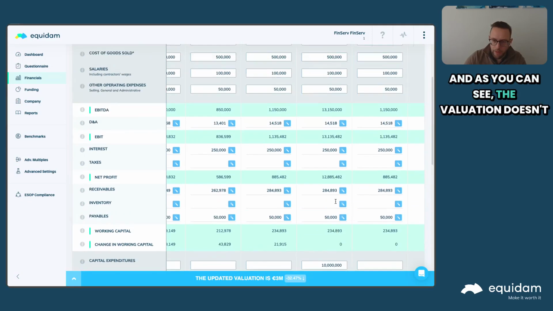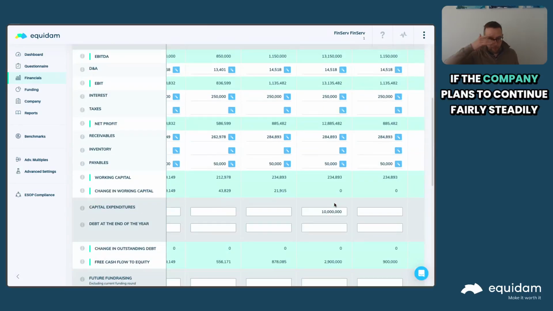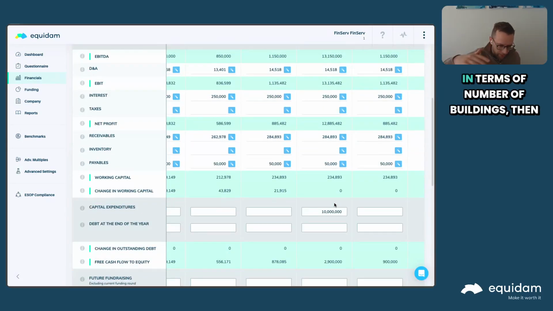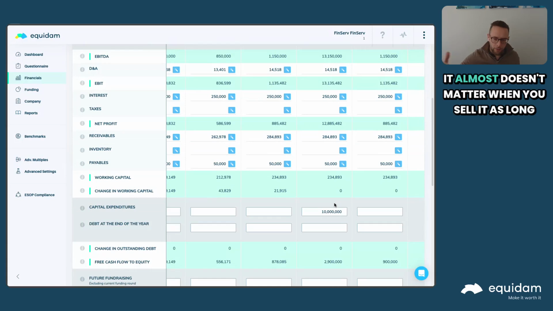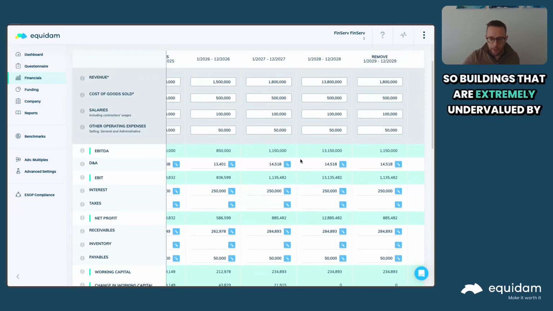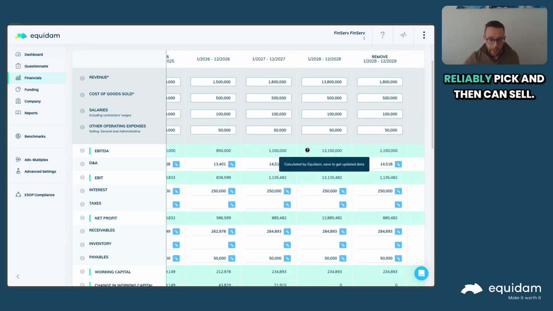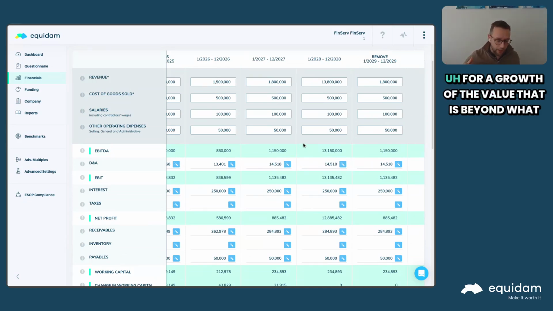And as you can see, the valuation doesn't change that much. So if the company plans to continue fairly steadily in terms of number of buildings, then it almost doesn't matter when you sell it, as long as when you sell it, you buy another one. It does matter if the strategy is to pick buildings that are arbitrage opportunities, so buildings that are extremely undervalued by the market for some reason that the company can reliably pick and then can sell for a growth of the value that is beyond what you would expect for that type of risk.